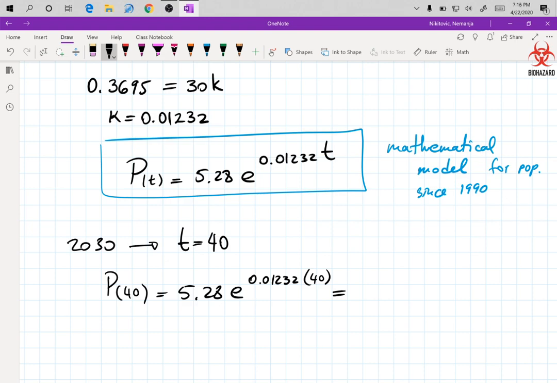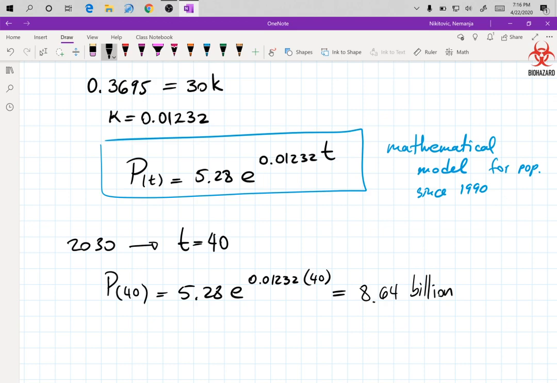5.28 times e raised to the open parenthesis 0.01232 times 40. And I get 8.64 billion by this model.